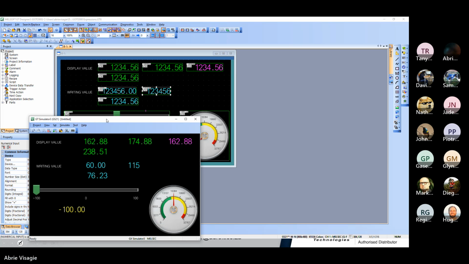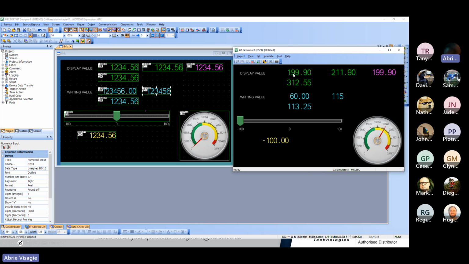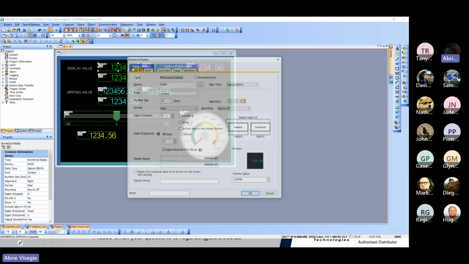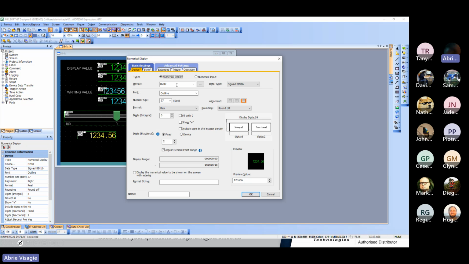So here we can see that reading from a constantly shifting value, we have values that keep increasing as the value increases. Now this is mainly done just by saying we are reading from a device and we are reading it as a real value signed binary 16-bit.